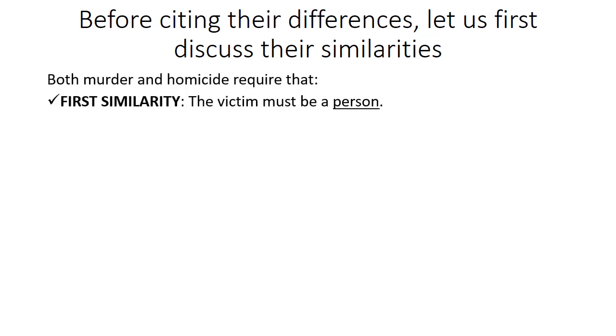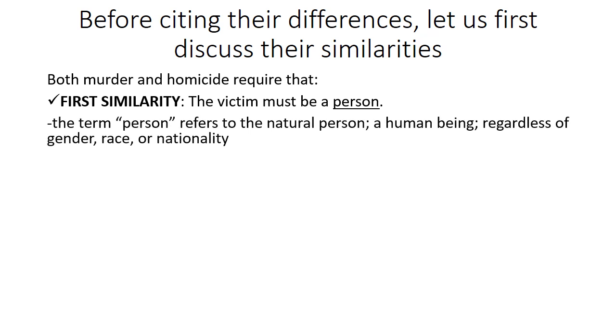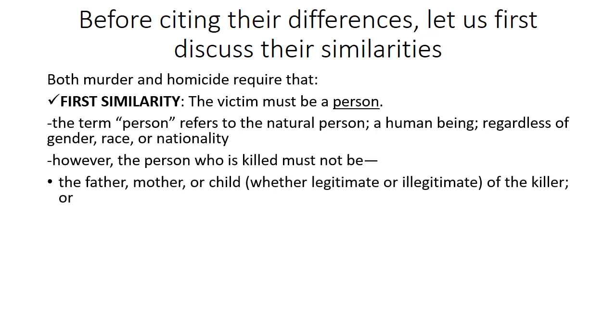First similarity for both murder and homicide: the victim must be a person. The term person here refers to the natural person, a human being, regardless of gender, race, or nationality. However, the person who is killed must not be the father, mother, or child of the killer, whether legitimate or illegitimate.